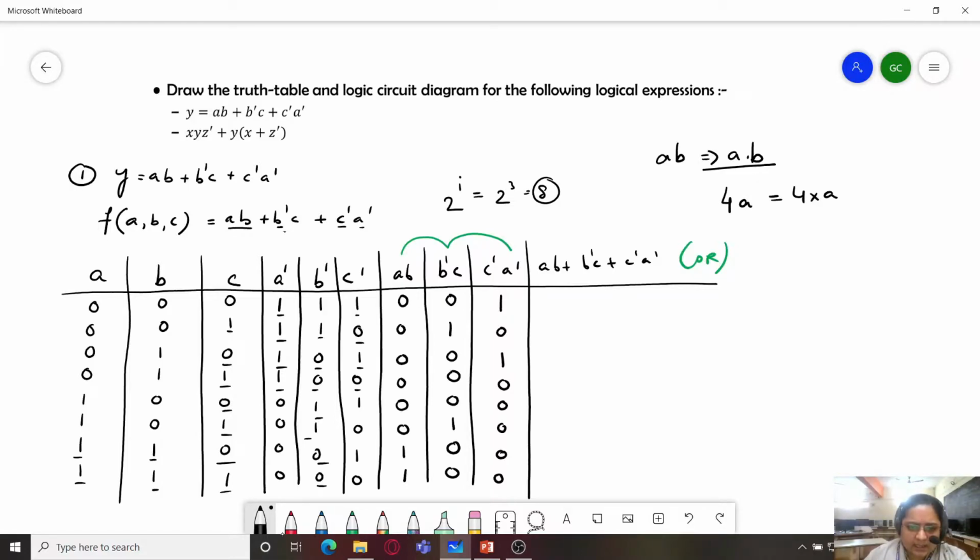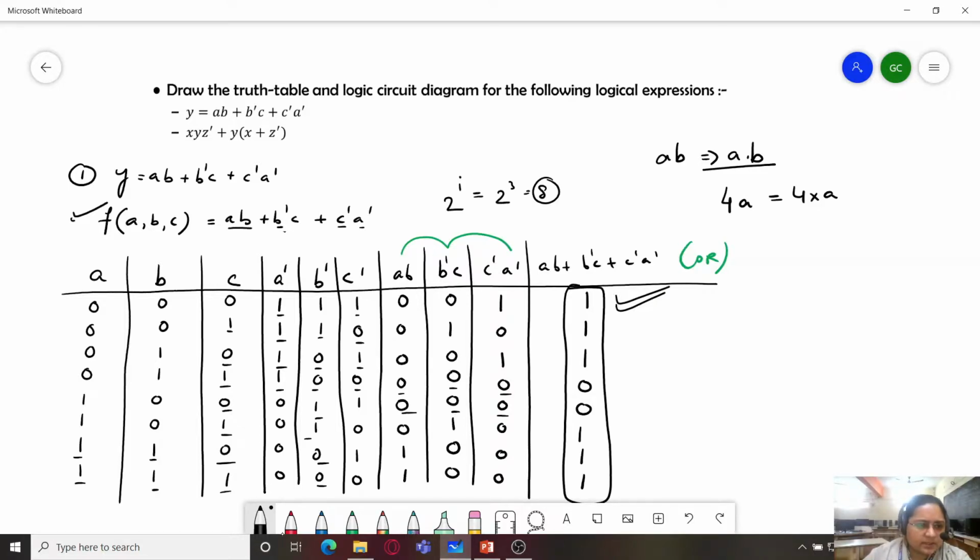So we can see that there is 1 here. As long as we continue getting at least one 1, the result will be 1. This of course will be 0 because all three are zeros. Next also will be 0, and next three are going to be 1. So this is the result. This is what is going to be the answer for this question.